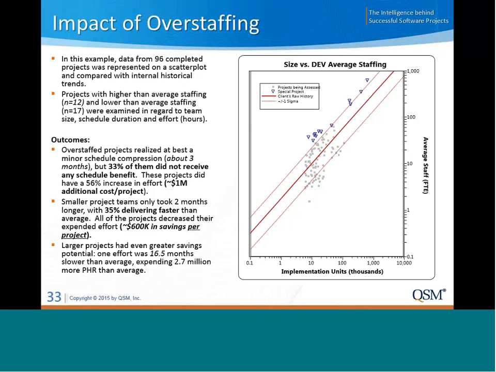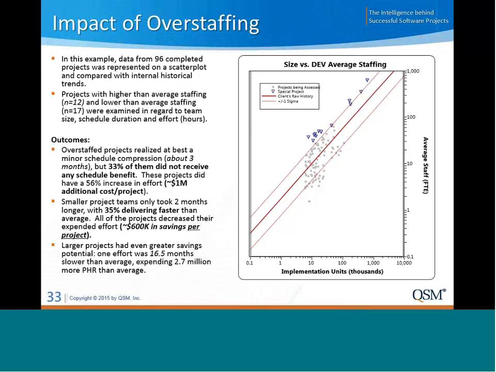So in other words, just by replaying this portfolio and having those 12 overstaffed projects use average staffing, you could easily save an average of $1 million per project.